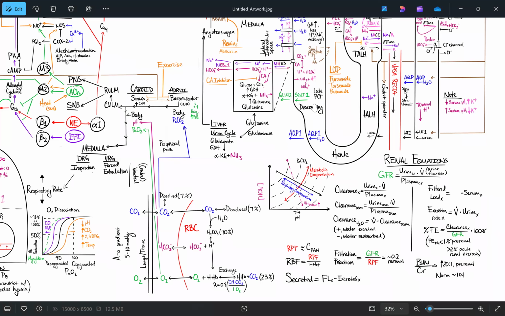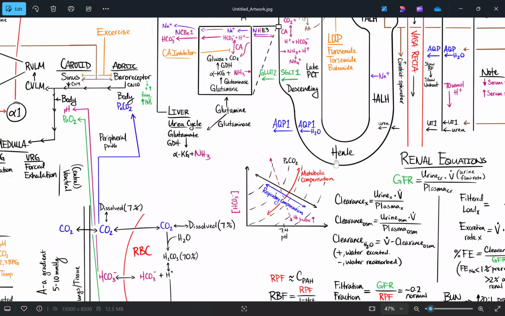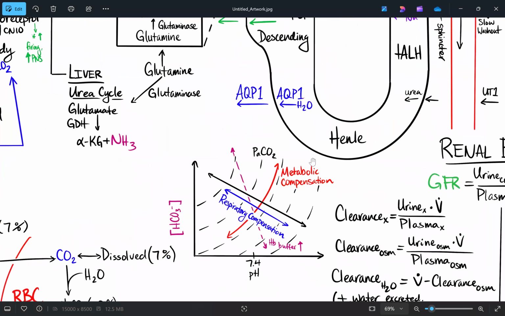So if you zoom into that little graph of the pH and the HCO3, this is going to deal with your metabolic and your respiratory compensation. Metabolic compensation being your kidneys regulating your pH by reabsorbing bicarb. Respiratory, you breathing out CO2, which means less bicarb. So that black line is going to be your baseline curve.